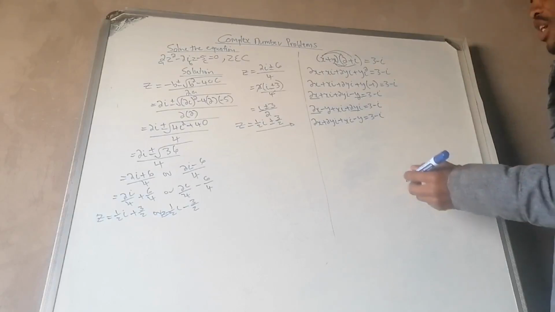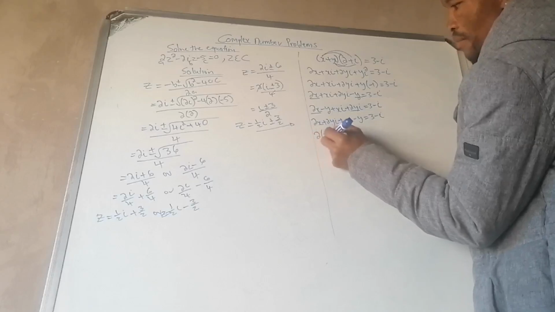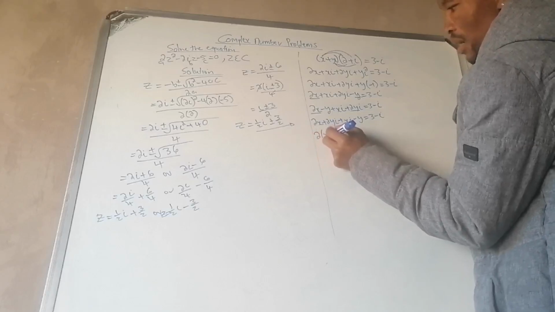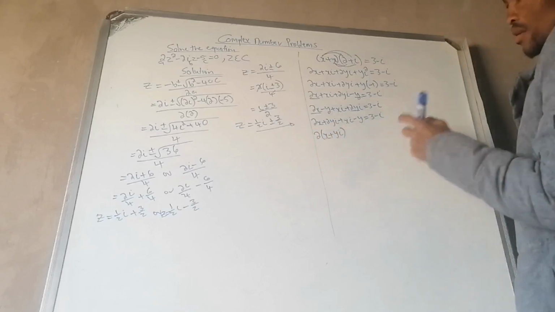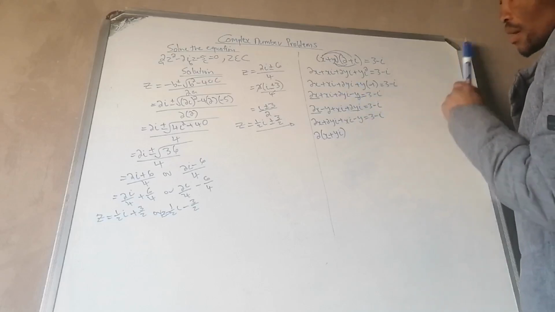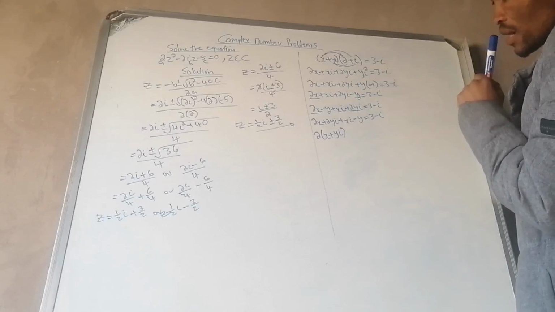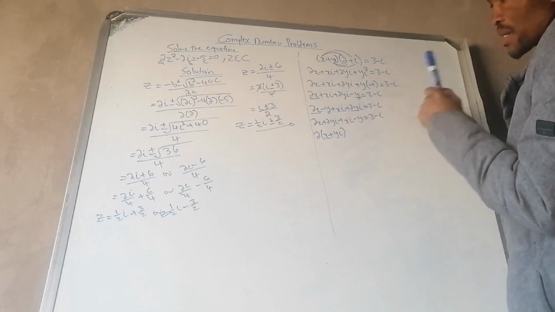Let me try and check. I can factor out 2. I'll have x plus yi, okay, and then in here I can say, okay, I have minus y plus xi.